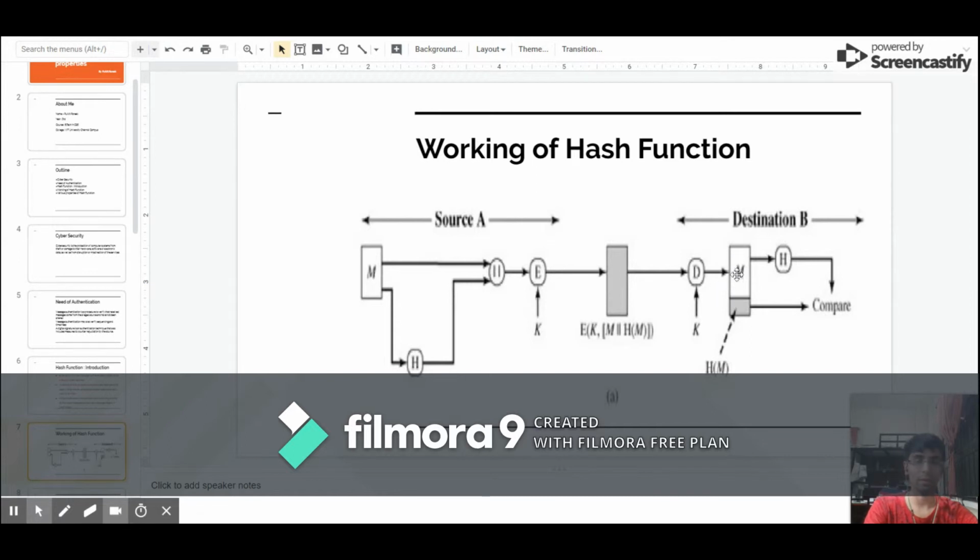Then they separate the message and the hash value, and on the given message we also apply the hash function, and compare both.